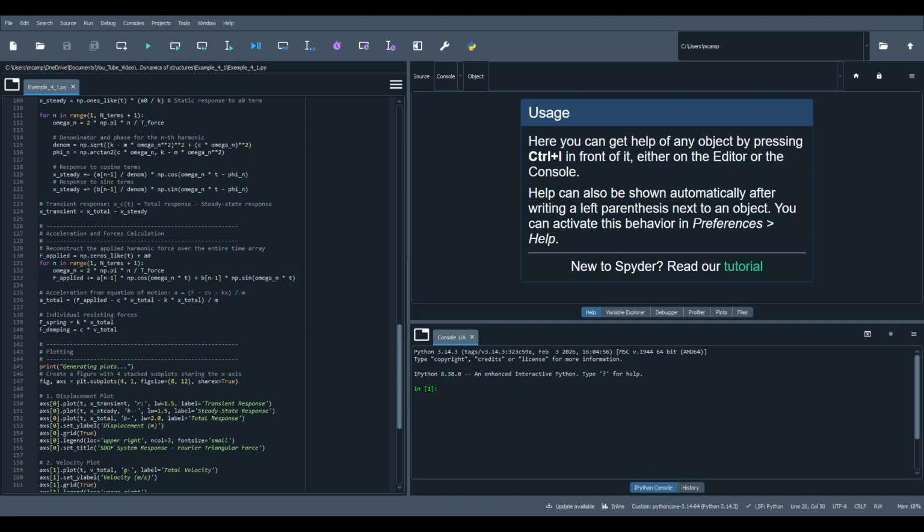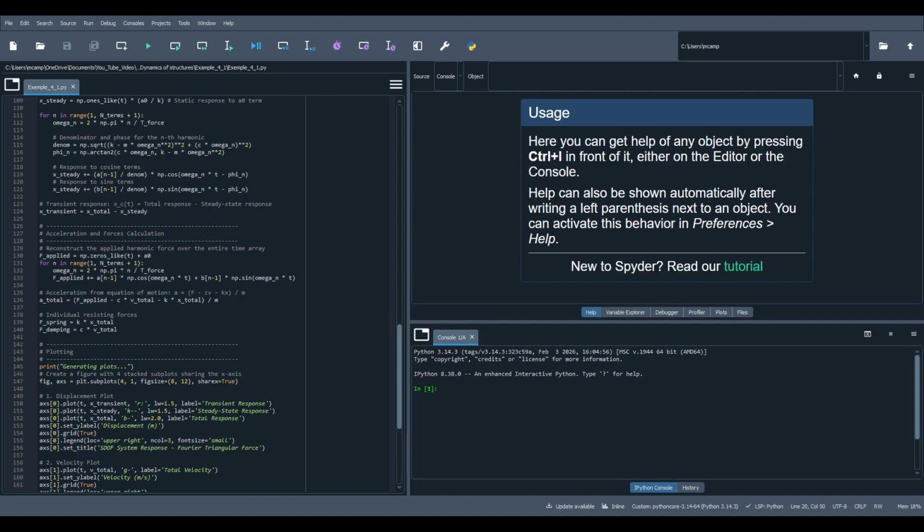In this step, at line 129, we calculate the acceleration and the force. Initializing F applied equal to np zeros like t plus A0, and making the loop for n in the range 1 to n term plus 1, we calculate the omega n and the force in this loop.